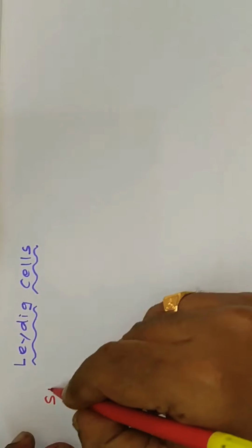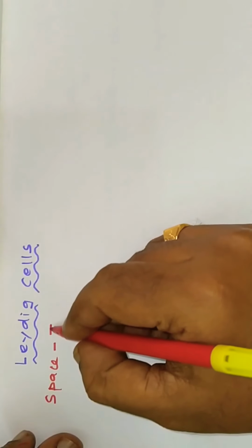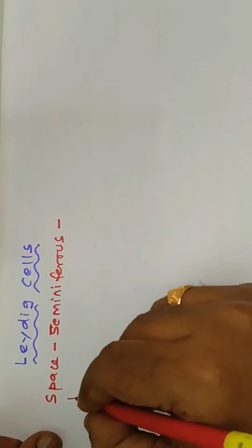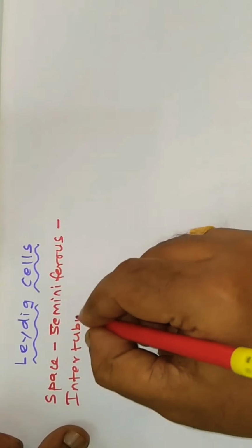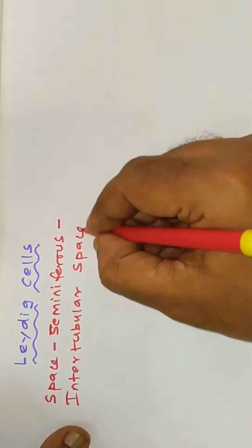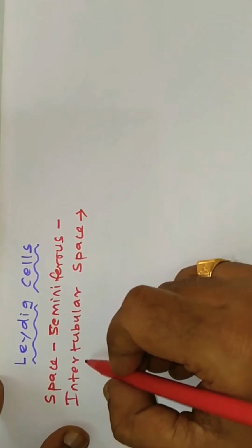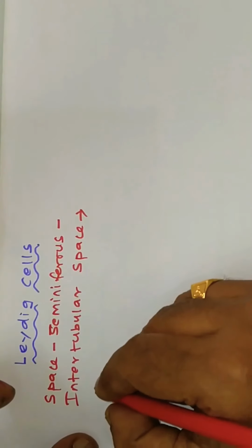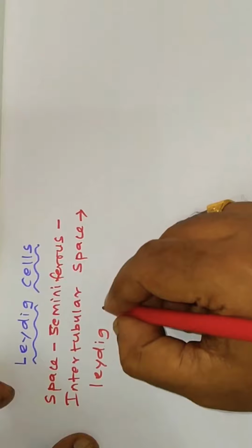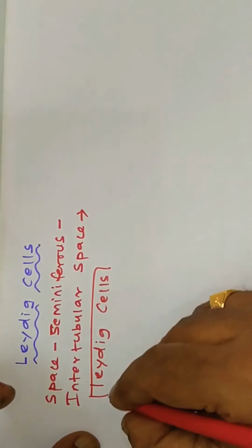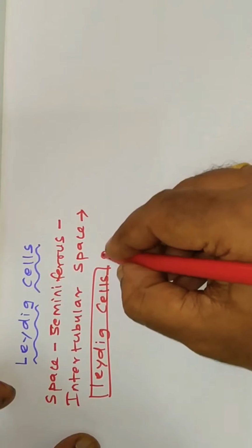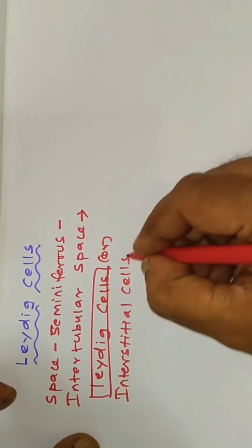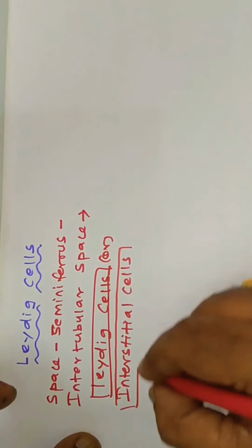So the space between the seminiferous tubules is called the intertubular space, otherwise the interstitial space. In that intertubular space, some endocrine cells are present. Those endocrine cells are called Leydig cells, otherwise called interstitial cells because they are present within the interstitial space.